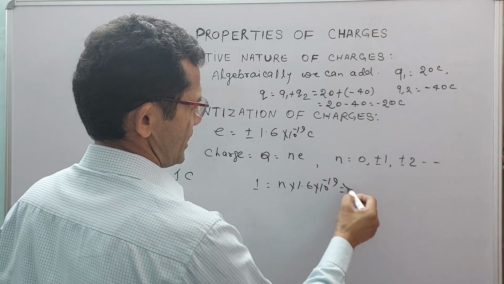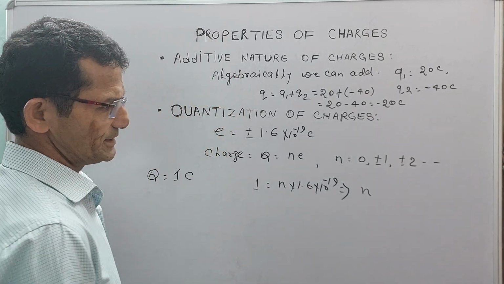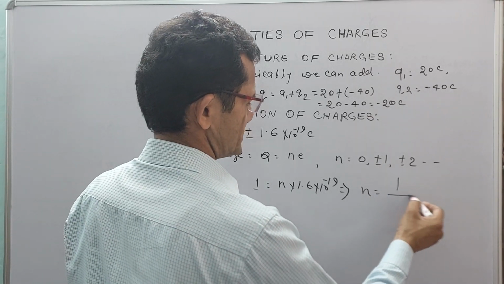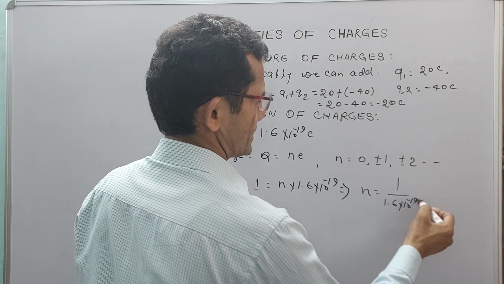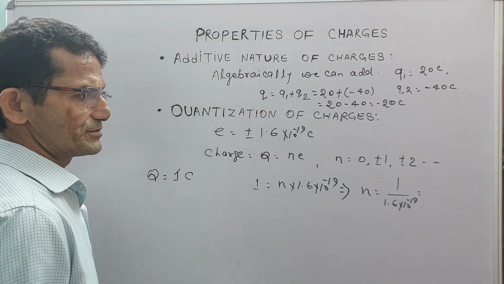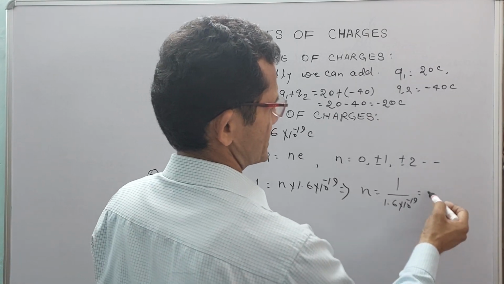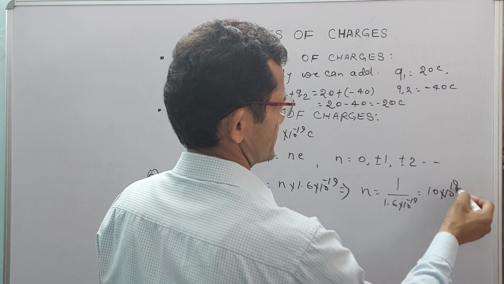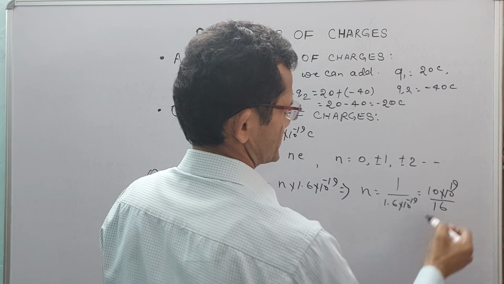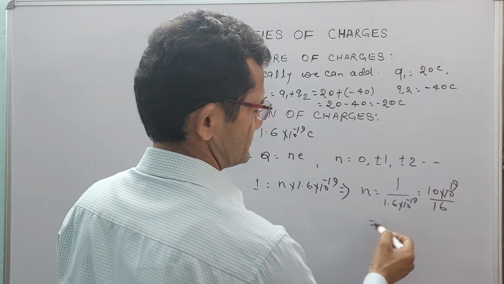So n is equal to 1 divided by 1.6 times 10 raised to minus 19. If I shift the decimal point, it becomes 10 times 10 raised to 19 in the numerator, divided by 16.